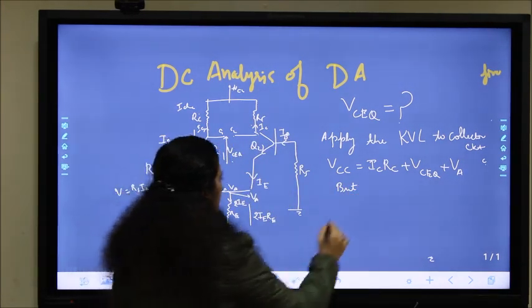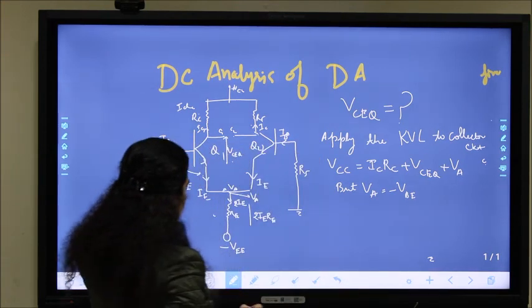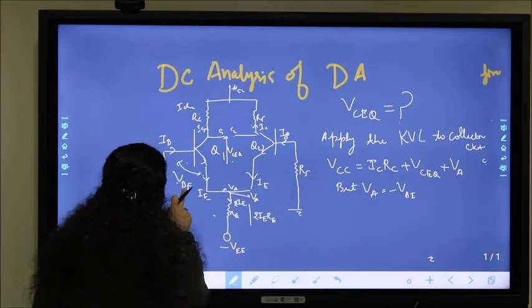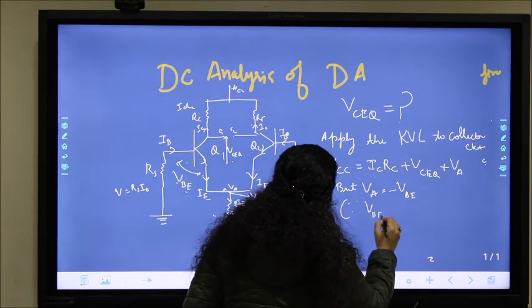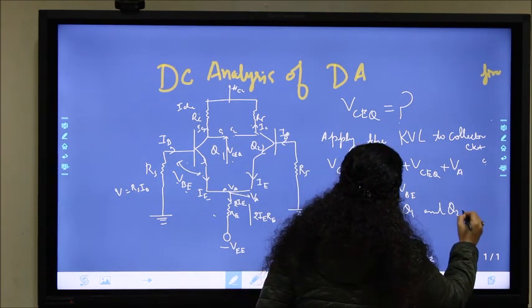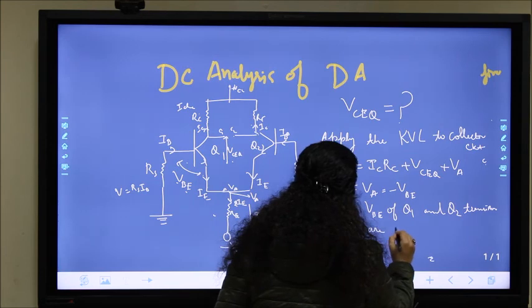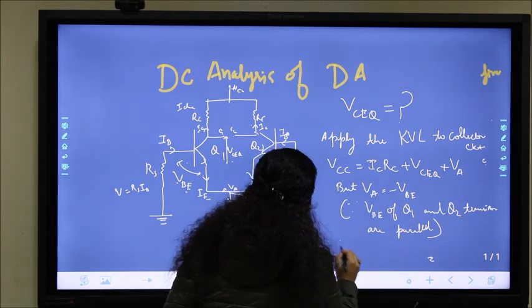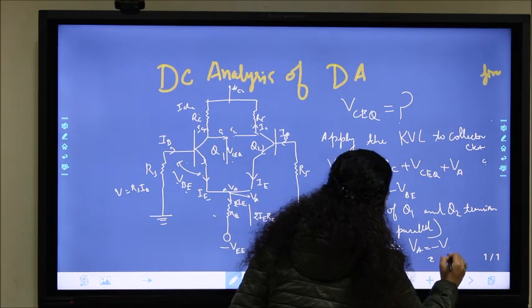But VA is equal to minus VBE. Why? Because VBE of Q1 and Q2 transistors are in parallel, so we take VA is equal to minus VBE.